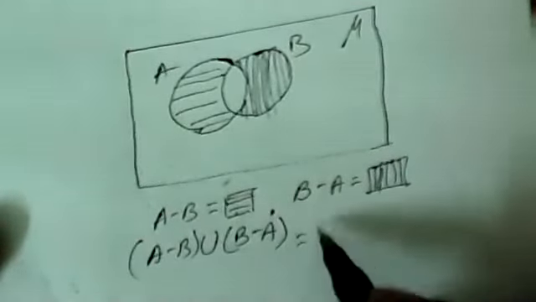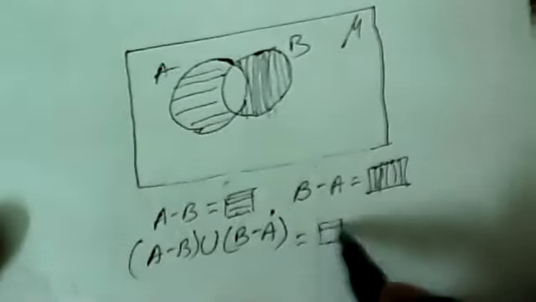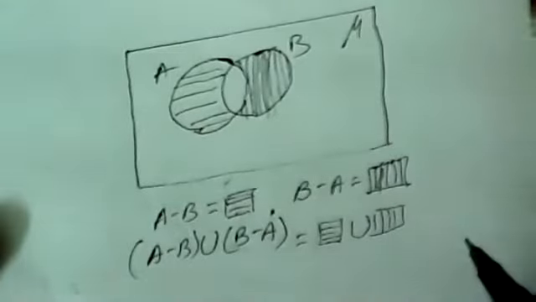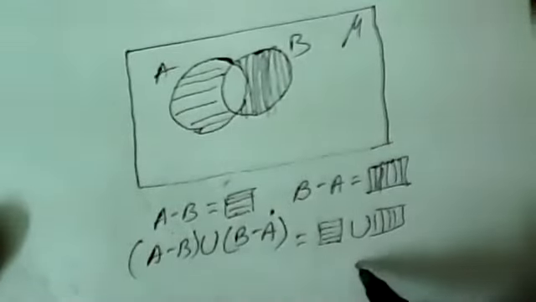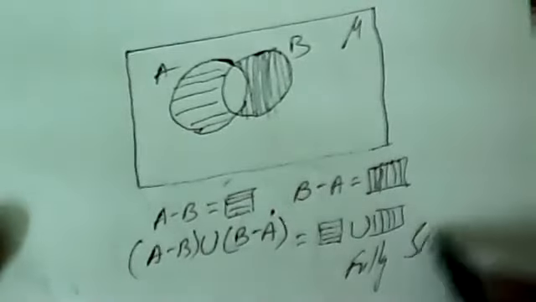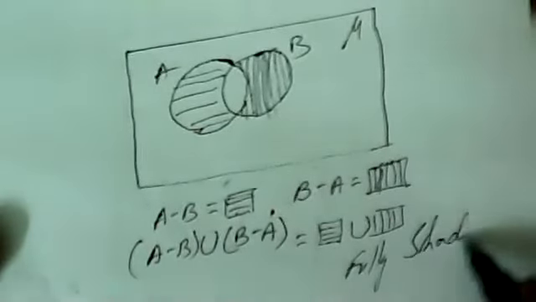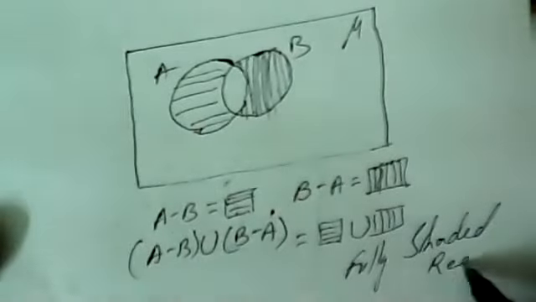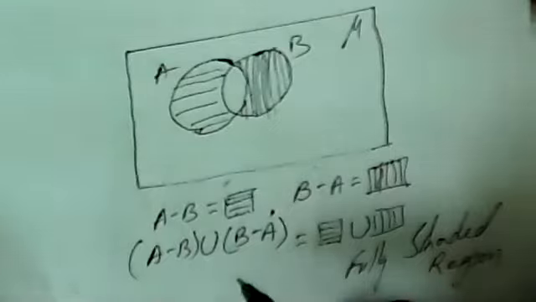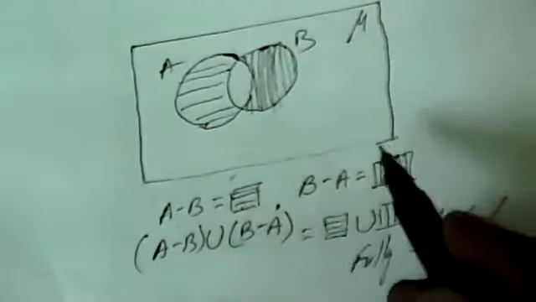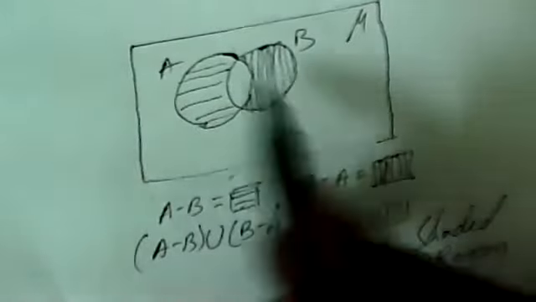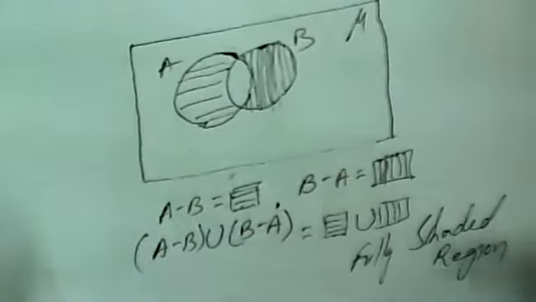Union of both, what you get is the entire connected shaded region. So this is called symmetric difference of two sets. Symmetric difference में क्या क्या है? A minus B और B minus A, इन दोनों का यूनियन है. समझ गया?